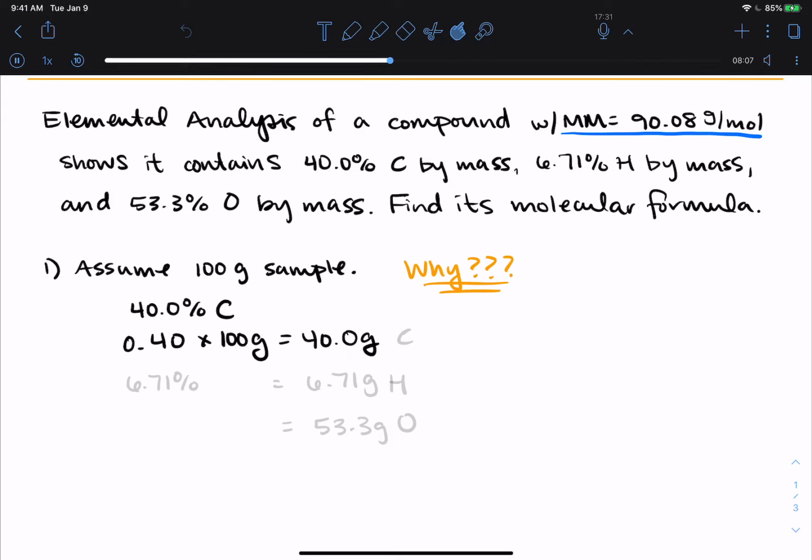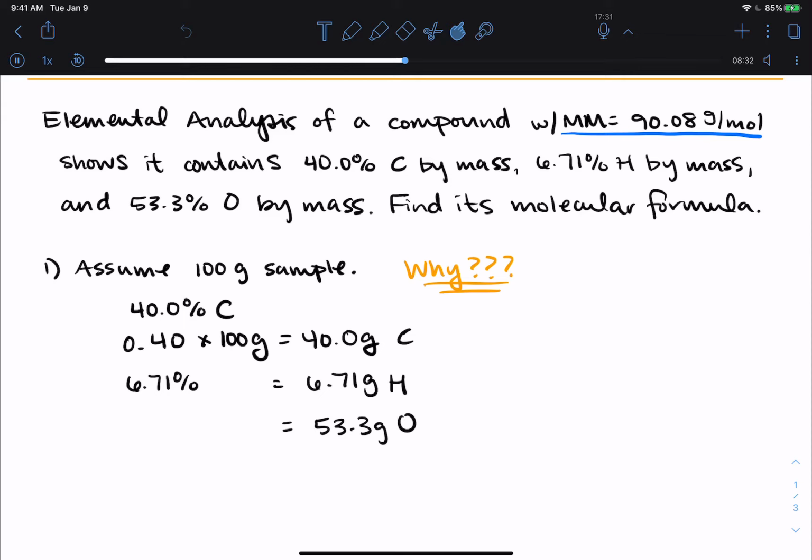So my percentages just directly translate to the number of grams of that element in the sample. So 6.71% means that I had 6.71 grams of hydrogen, and it means that I had 53.3 grams of oxygen.